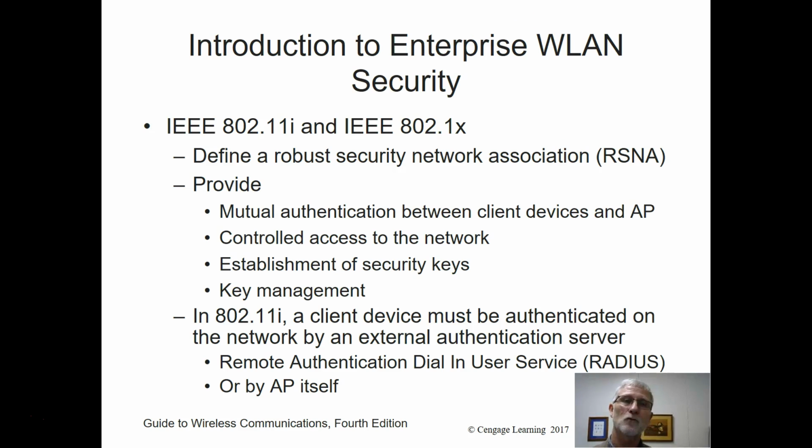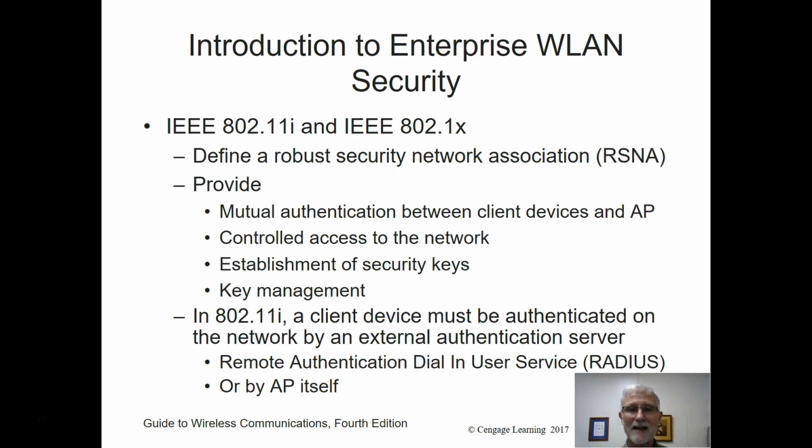When you're looking at 802.11i, they also said I need something even more robust. So the IEEE came up with two security standards, i and 1X, to define a robust secure network association: authentication between client devices and APs, control of access to the network, different types of security keys, and how to manage those keys.